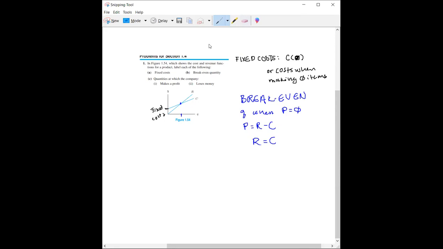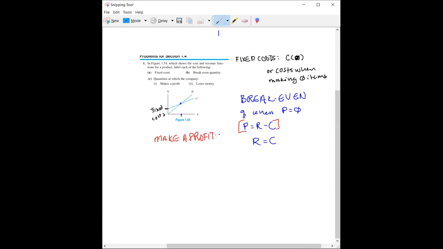All right. Let's now think about when companies make a profit. What does it mean to make a profit? If we return to a profit definition? Produce some quantity that will be over the break-even point.